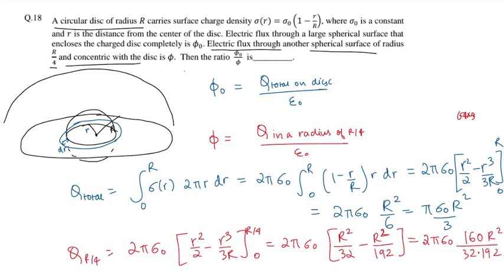And if you want to figure out what phi naught upon phi is, this is just equal to the total charge divided by the red charge, Q at R by 4, and since these epsilon naughts cancel out, you're left with 1 by 3 here, and here you have 2 times 160, and you have 32 times 192.